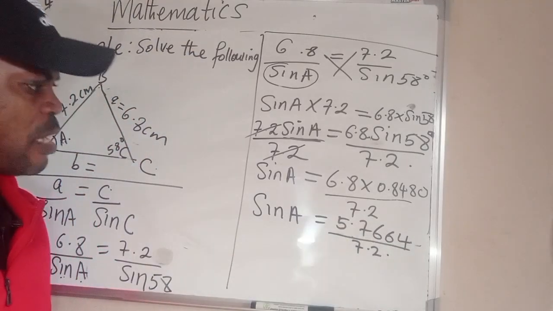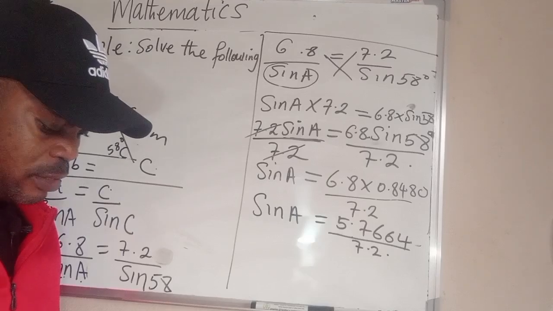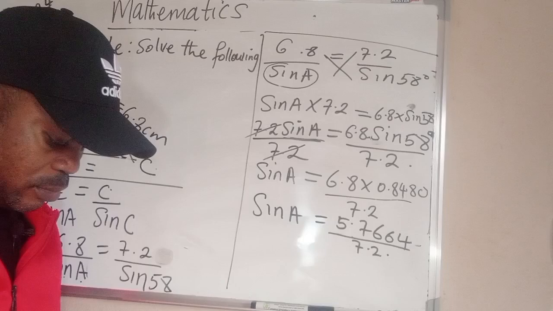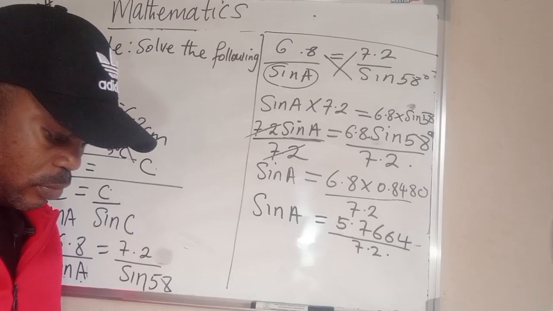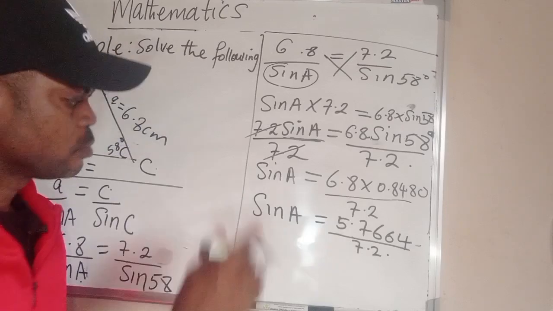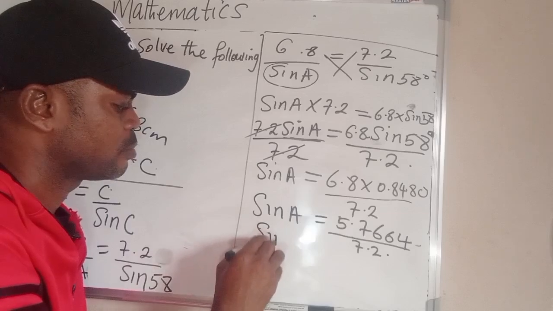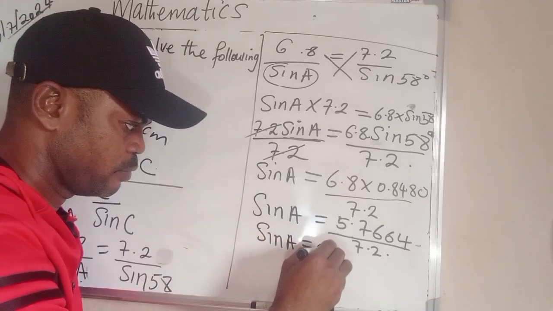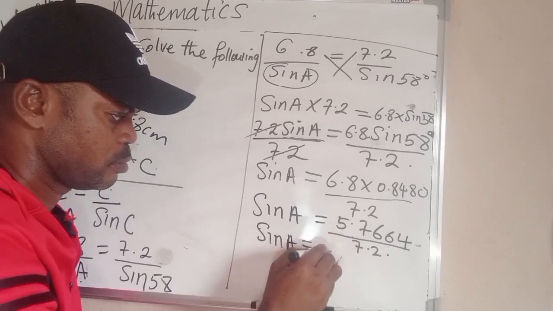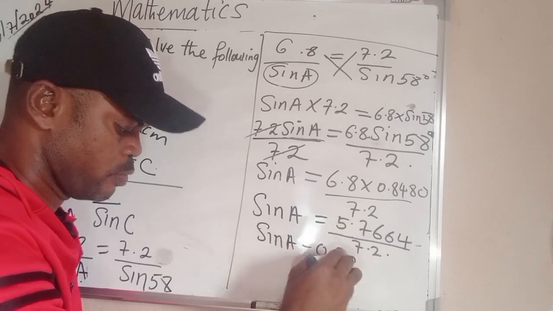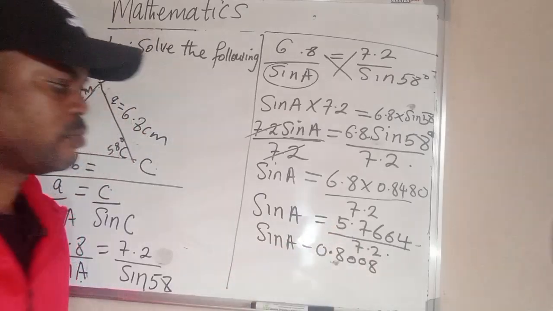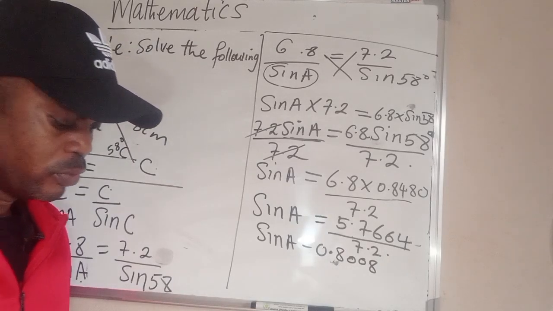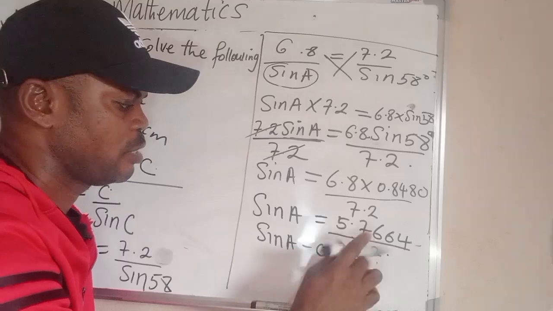So if I do that properly, if I divide by 7.2, I'm going to be having sine A is equal to 0.8008. Let me approximate to 9.